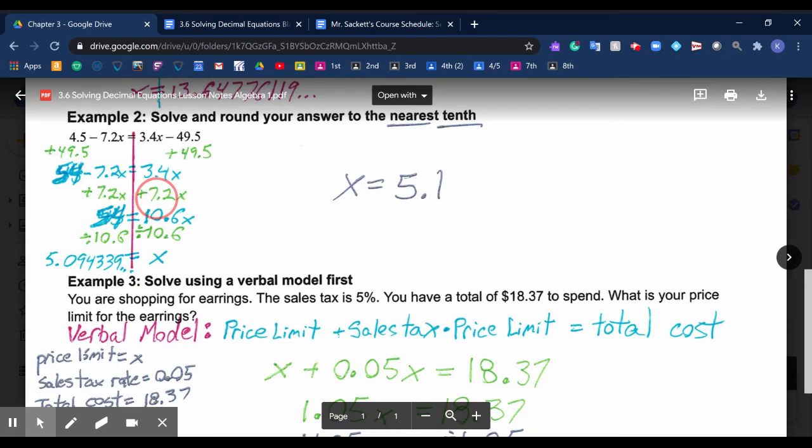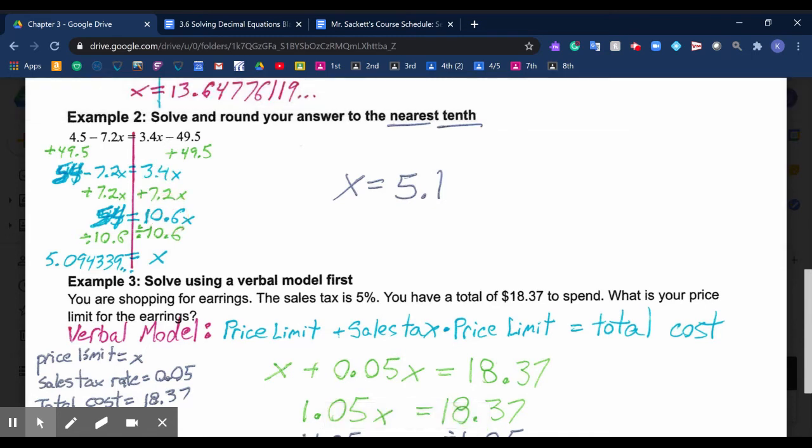7.2x to each side. So then on the left, I'm left with 54, and on the right, 3.4x plus 7.2x is 10.6x. So then we want to solve for x by dividing each side by 10.6.